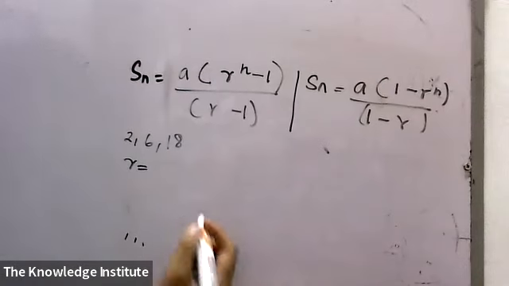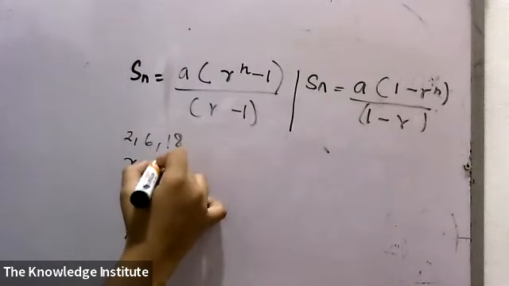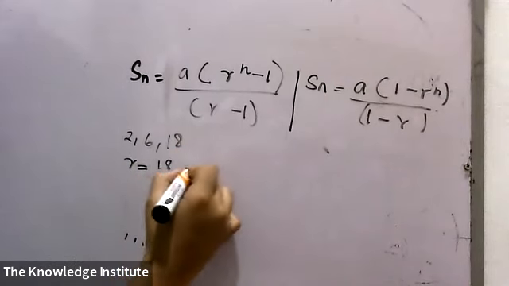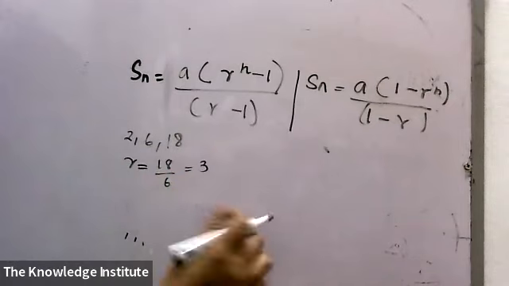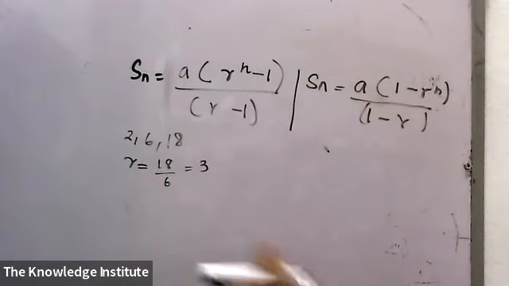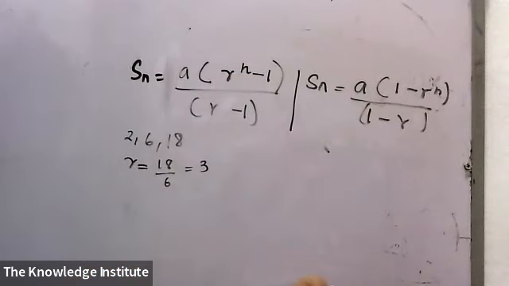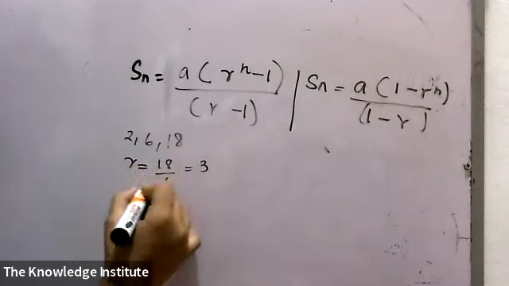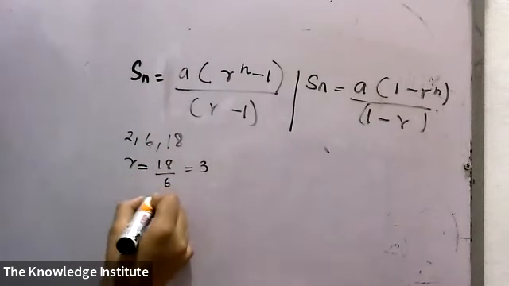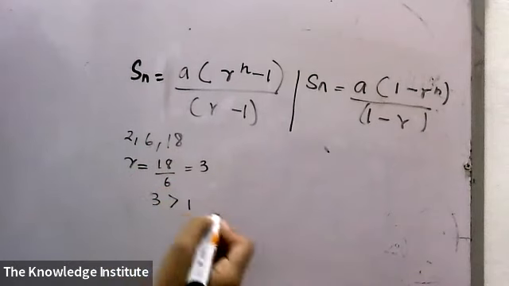Yes, 3. 18 divided by 6 is 3. So the common ratio is 3. Now tell me, is 3 greater or 1 greater? 3 greater, right? So you can see 3 is greater than 1.